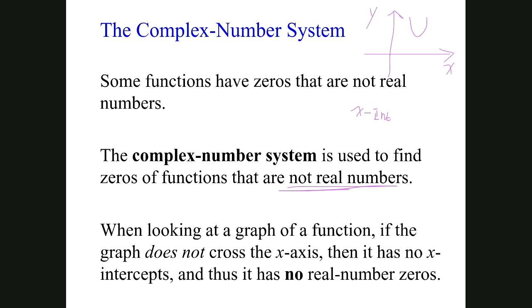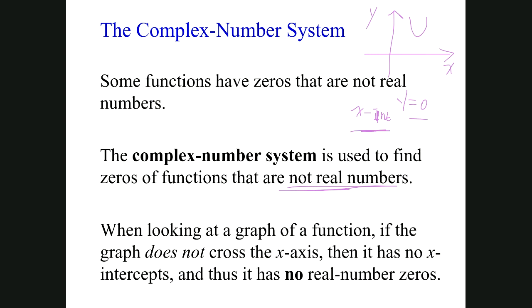If we make y equal to 0, in order to find the x-intercept, y must be 0. Since this doesn't cross the x-axis, y never goes to 0. y is always positive here. So this graph doesn't have a real solution if you want y equal to 0.